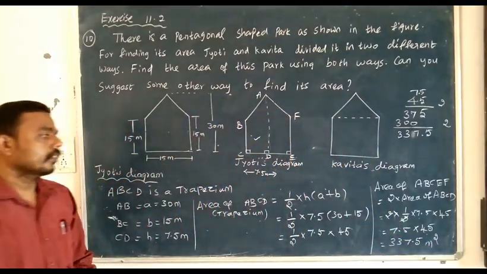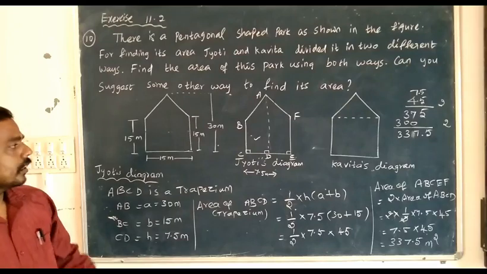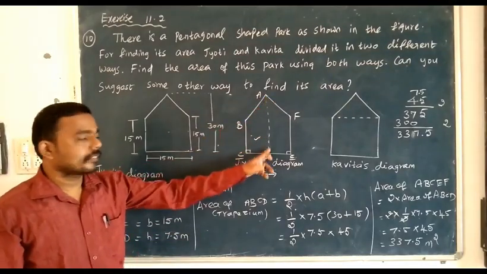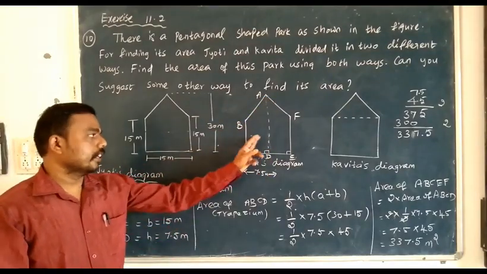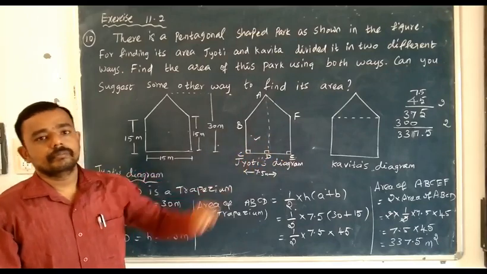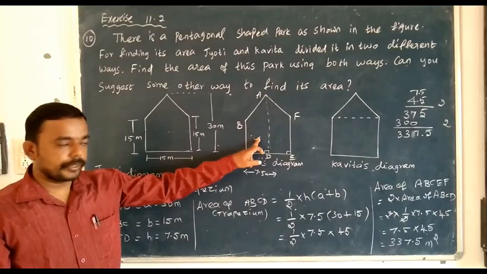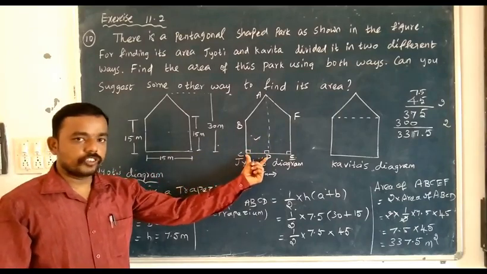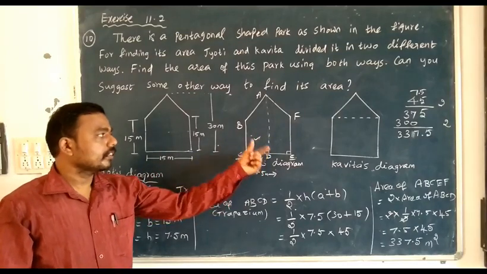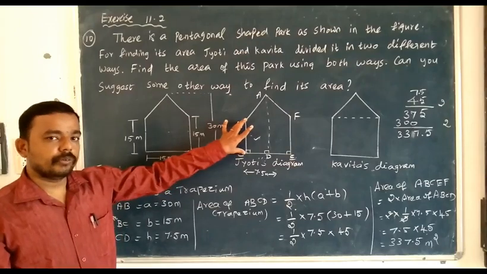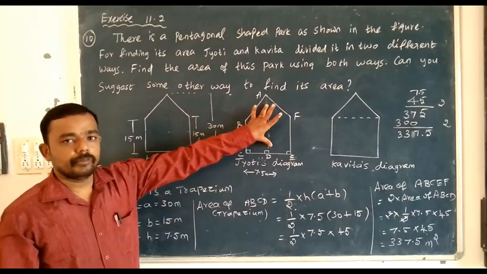So in Jyoti's diagram, the division is this line. Using this we have 2 trapeziums. If you have one trapezium, the data are H, A and B. This value is A or B, anyone.